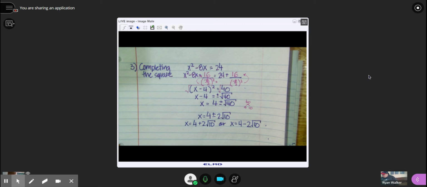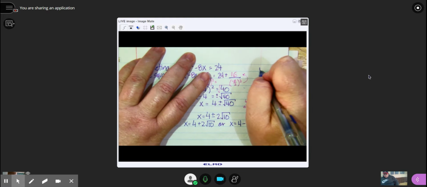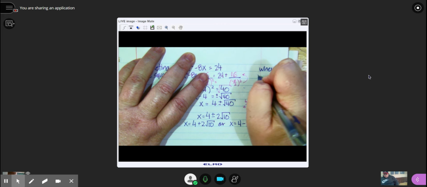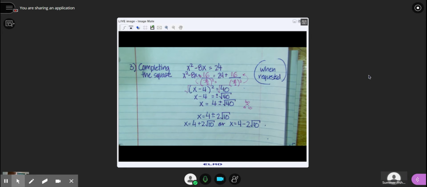When do we use this? Well, really, honestly, when you have to. So you're going to have to do completing the square only when requested.